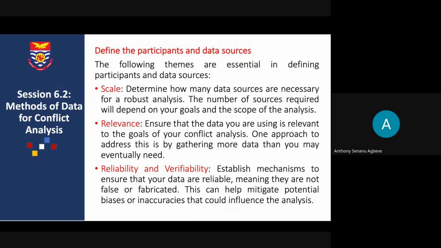And then also, the scale. So when you want to look at the data sources, you need to look at the scale, right? The scale is how many people you want to talk to, right?